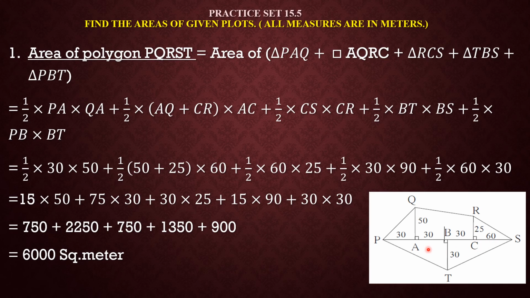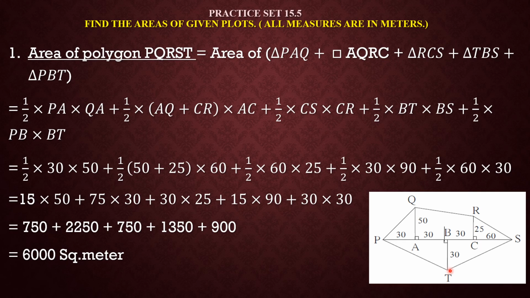And the next and last triangle in this figure is triangle PBT. So there are total 4 triangles and 1 quadrilateral. If we find the areas of these 4 triangles and the area of this quadrilateral, then we can find the area of this irregular shaped polygon.